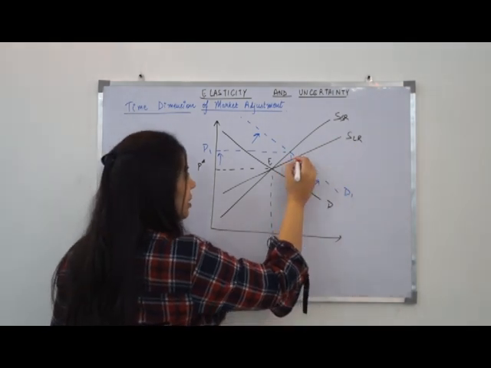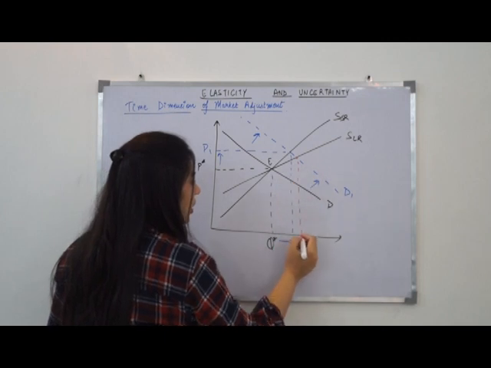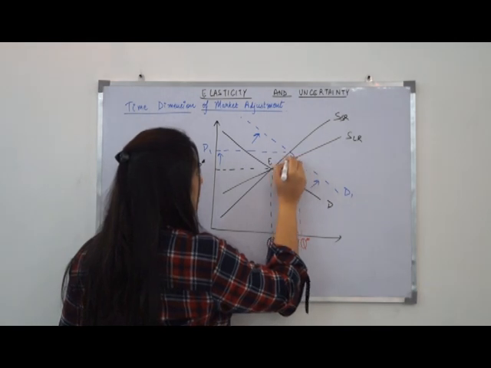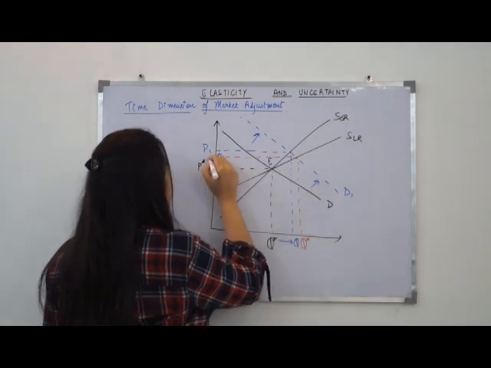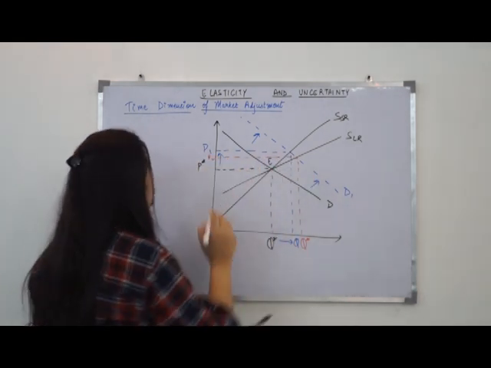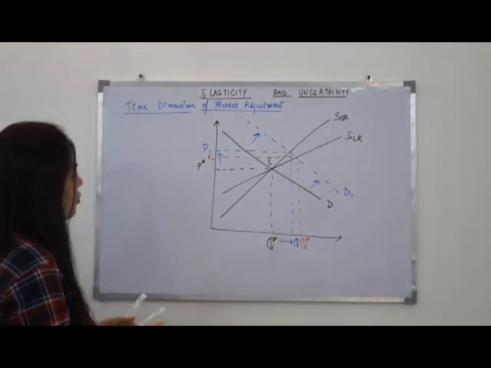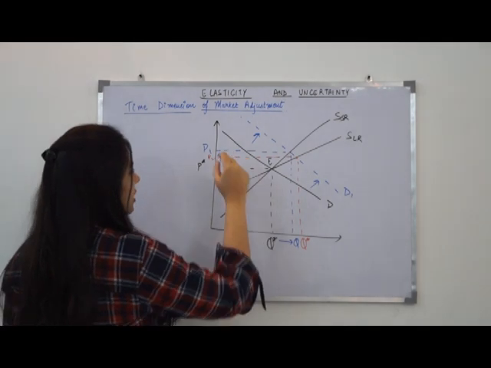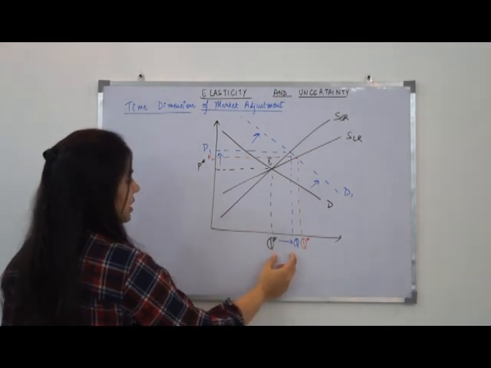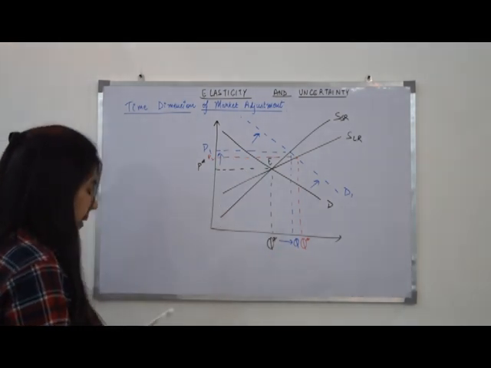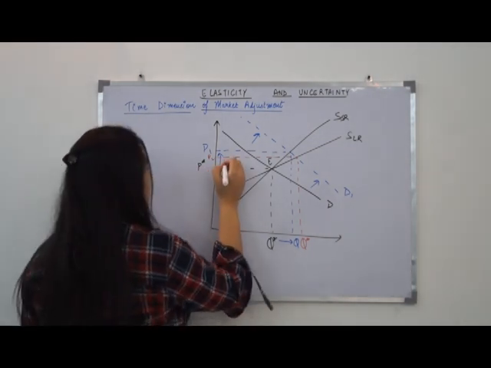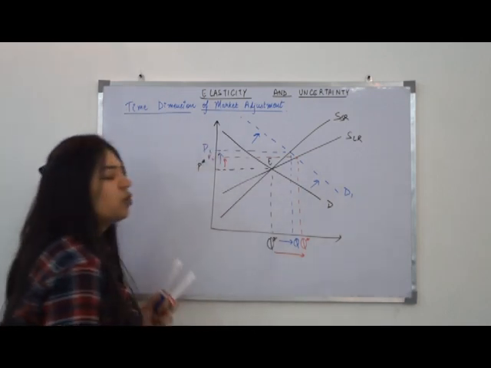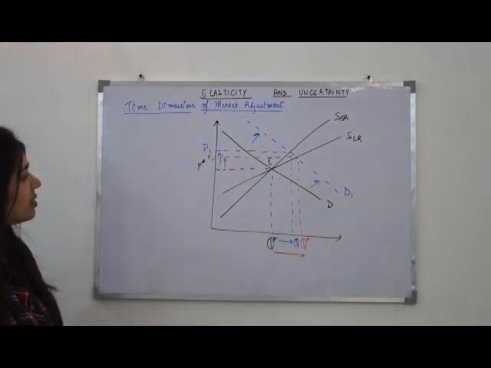The quantity traded at this point is going to increase, and the net increase in price is going to fall ultimately, because initially in the short run, the increase in price was this much and the quantity increase was this much. But here, ultimately, the increase in price is left only this much, and a net increase in quantity traded at this point happens.